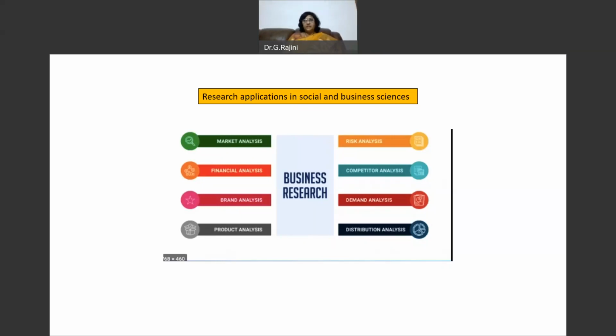Then distribution analysis. Like I told you when we were talking about functional areas, one important interdisciplinary functional area is logistics. Logistics is a combination of operations and marketing, so distribution analysis becomes a part of business. So in all the areas, business research keeps happening.